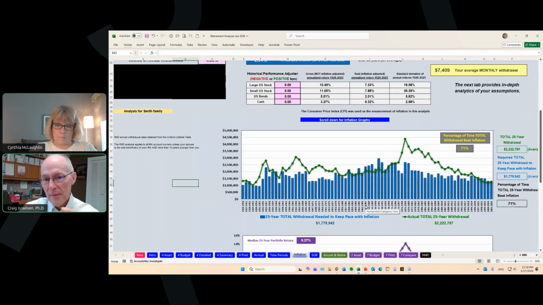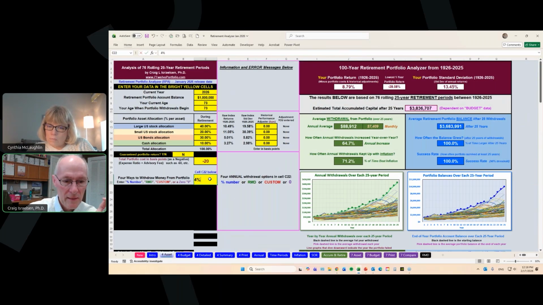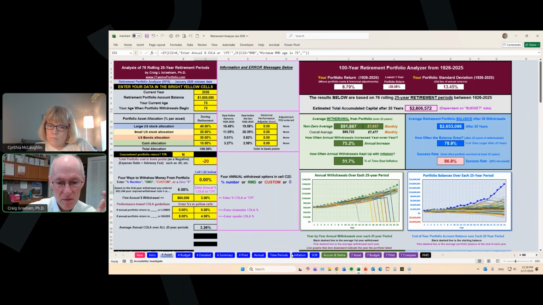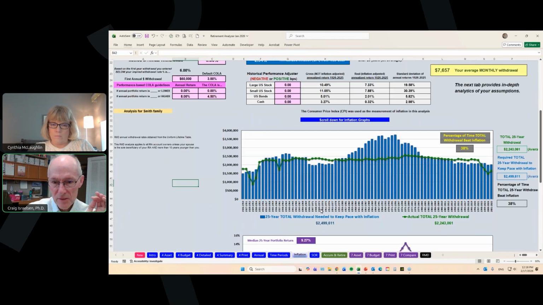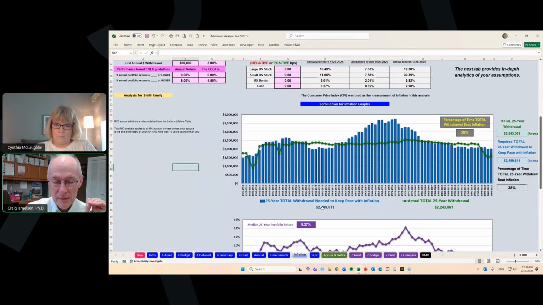So that's at least my approach to how we visualize and think through inflation. And I would say in general, let me show you one more. So if we went to the 0, and now we do a cash-based withdrawal, now we go back to inflation, and it's a much weirder graph.